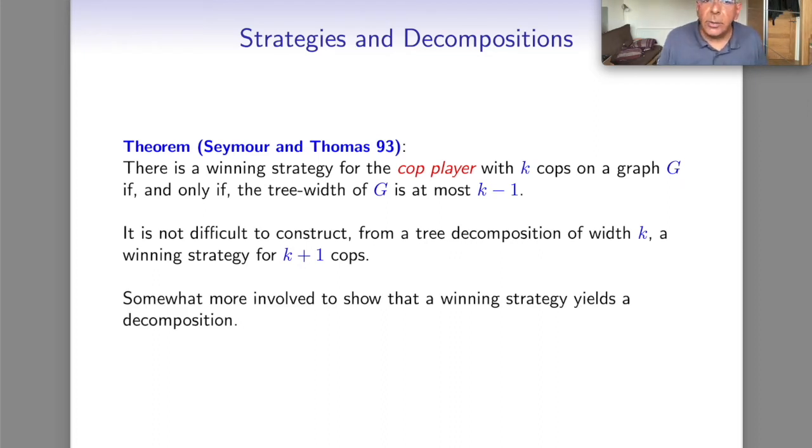The other direction is that if you have a winning strategy in the cop game, from that you can construct a tree decomposition. That requires a little bit more work, but it need not concern us here. We may as well take the cops and robbers game as our definition of TreeWidth, and that will suffice for our purposes. Okay.